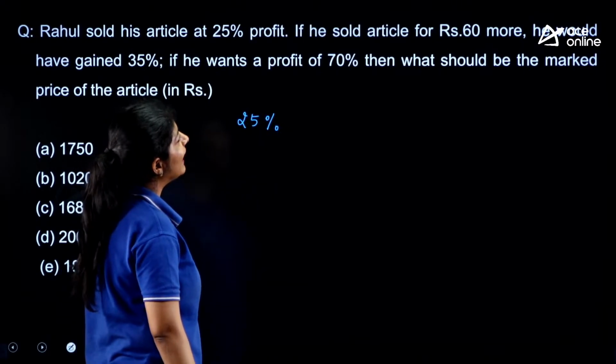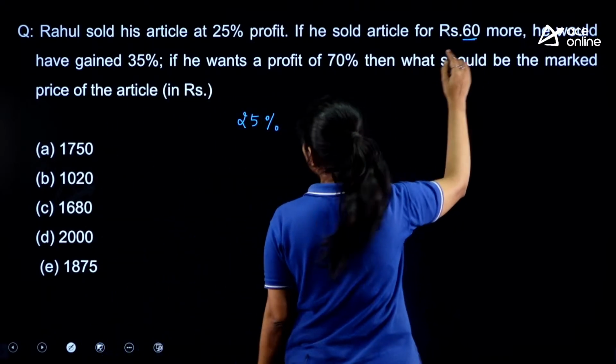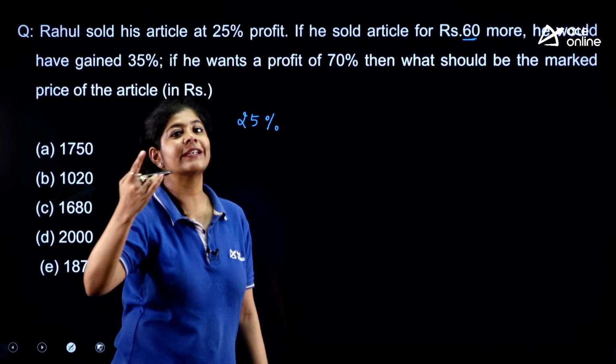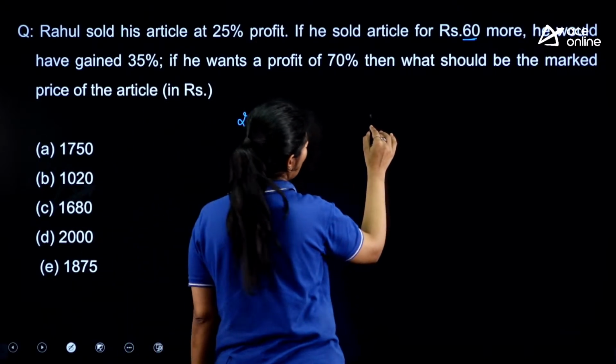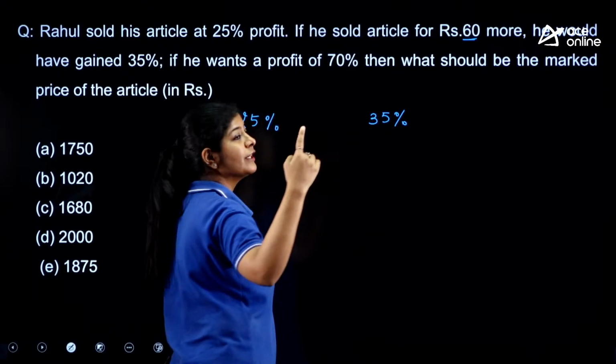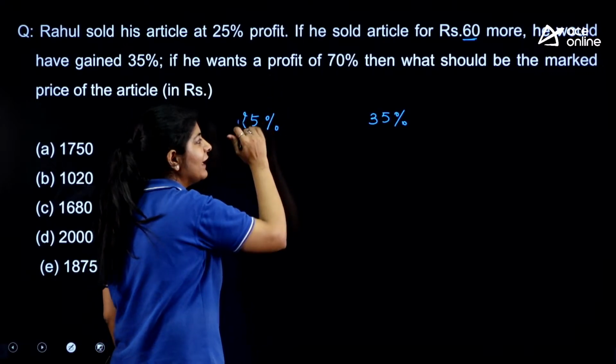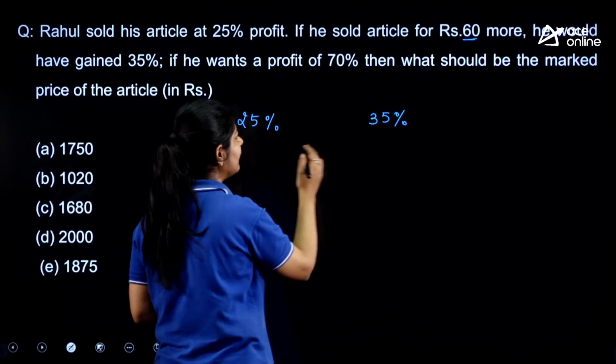If he sold the article for 60 rupees more, he would gain a profit of 35%. That means now he is gaining 35%. If he sold it for 60 rupees more, so whatever amount we are having, if we add 60 to it, we will get 35% profit.